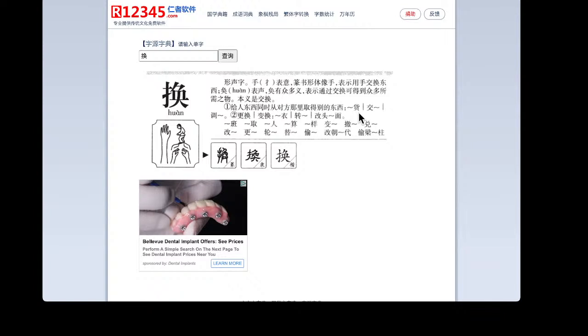Why they use that is because in order to get many kinds of things that you don't make or don't know how to make, the way to achieve that is through exchange, through 换. So that's why they use this to build this character 换.